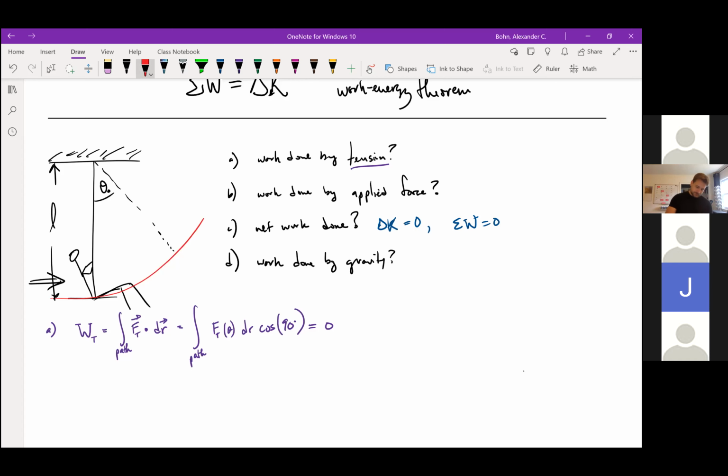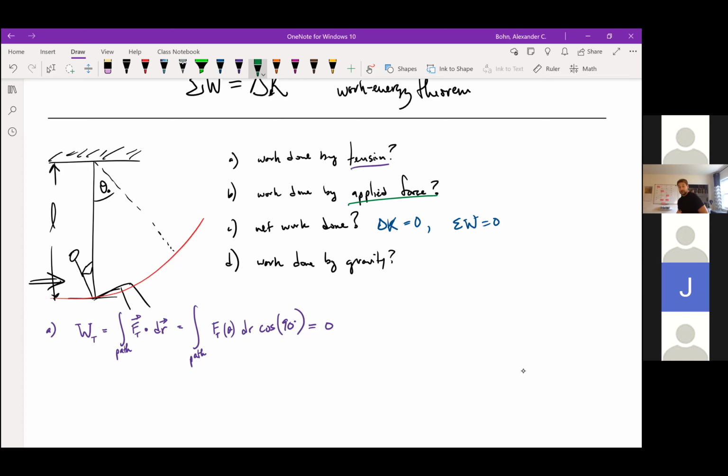All right. What about the applied force? Well, the applied force is not always perpendicular to the displacement because it is horizontal all the time, and our displacement changes direction.